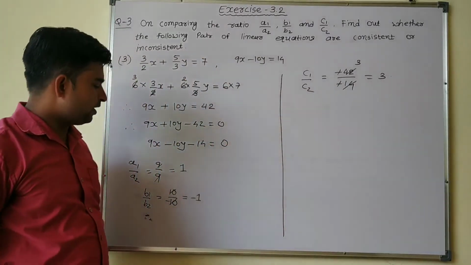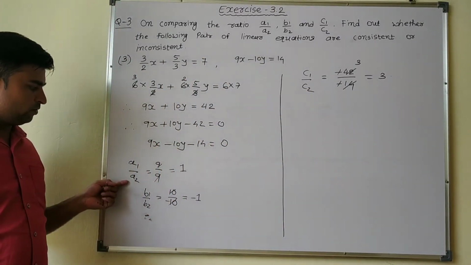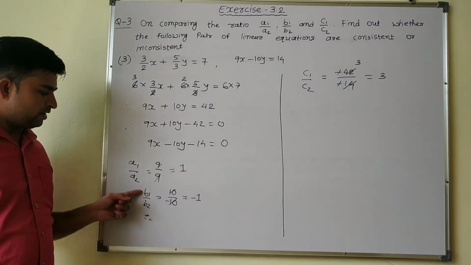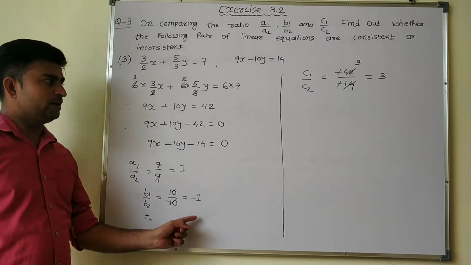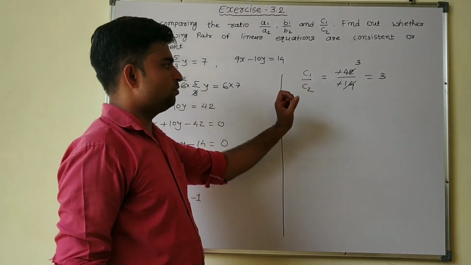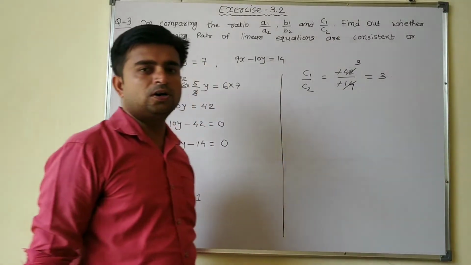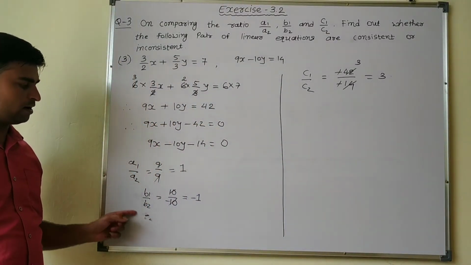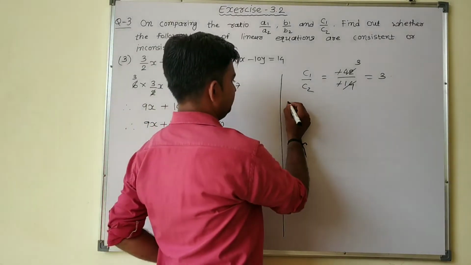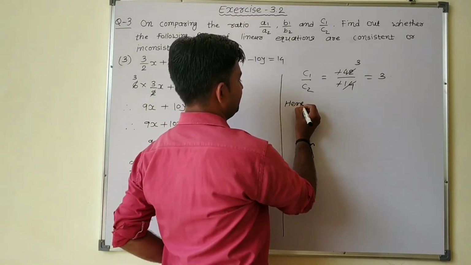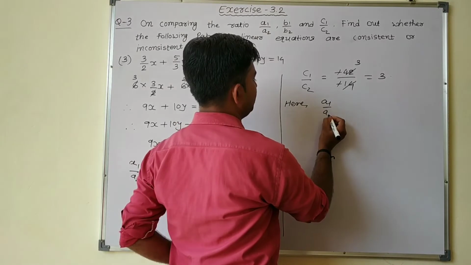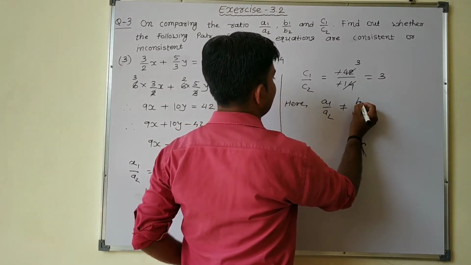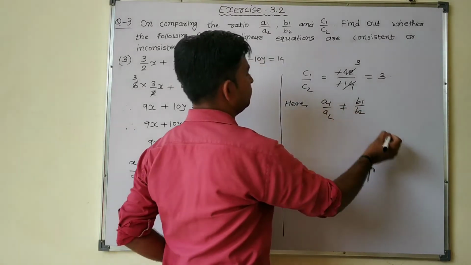So here we observe that the first ratio A1 upon A2 is equal to 1, the second ratio B1 upon B2 is equal to minus 1, and the third ratio C1 upon C2 is equal to 3. So all the three answers are different. So we can say these two are not equal. Here A1 upon A2 is not equal to B1 upon B2.